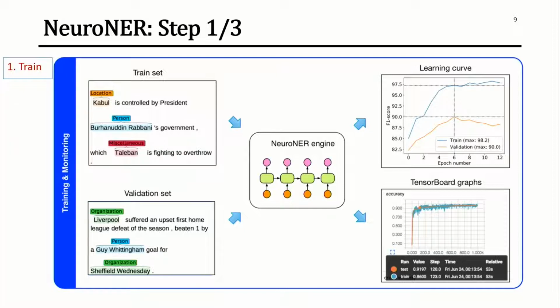And based on the engine, it gives us output which we can visualize. We can see how it performs, see its learning curve and how it trained the model, and we can use TensorBoard graphs to inspect and visualize its process in the training part. We will talk about TensorBoard in more detail in the following slide.